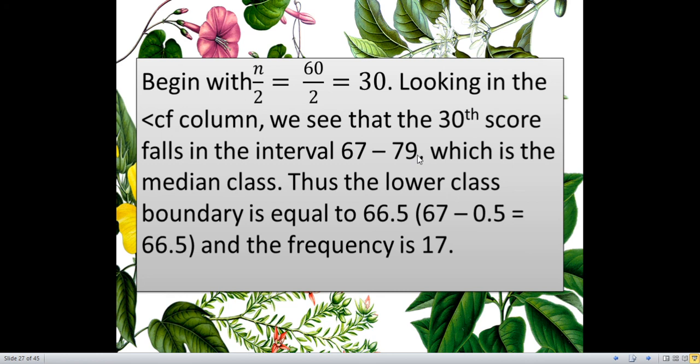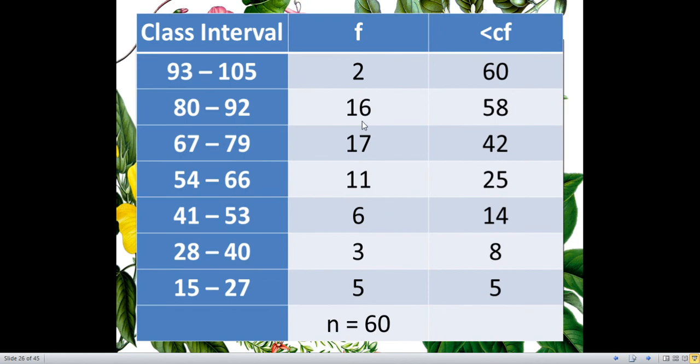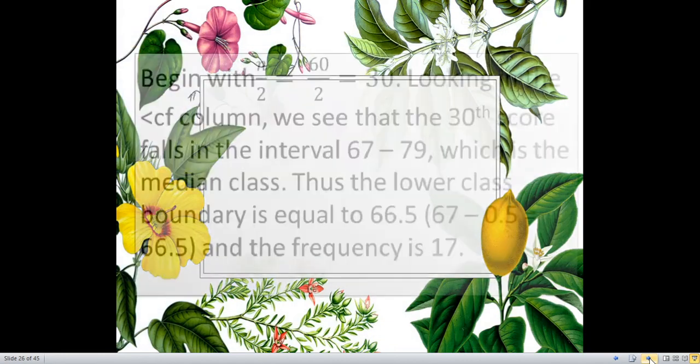Thus, the lower class boundary is equal to 66.5. Again, how do we get that? We just subtract 0.5 from 67. And the frequency is 17, which is already on your table.